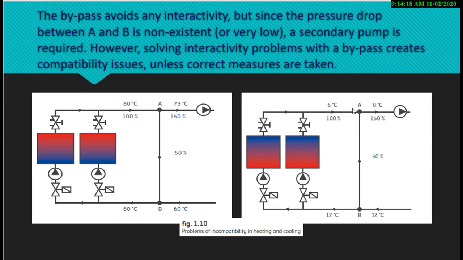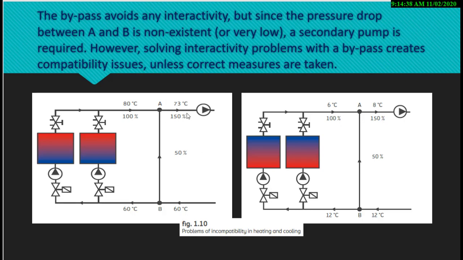This example is for heating. The delivery temperature will be only 73. This is for cooling and this is for heating.